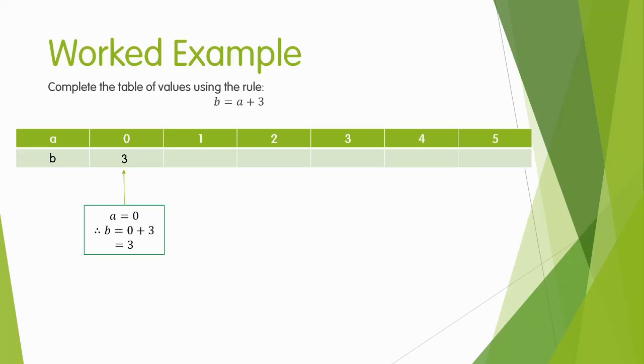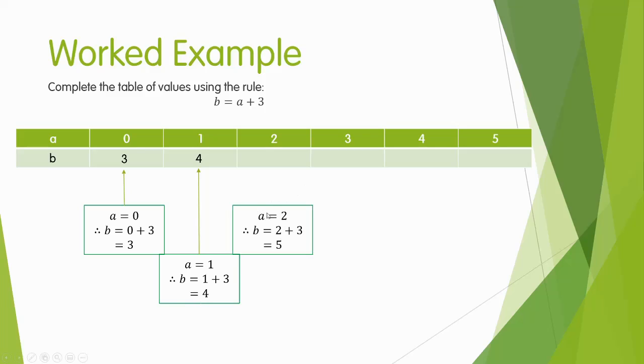So you will start by writing this down, but as you get more practice at this, you'll start to do this in your head. So the next one, a is 1, so we do the same thing, a equals 1, replace it in the equation, 1 plus 3, which equals 4, and we put that in there. The next one, a equals 2, so 2 plus 3 equals 5. We're starting to see a pattern here.